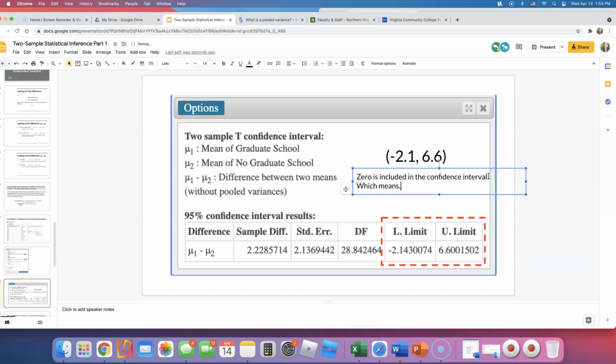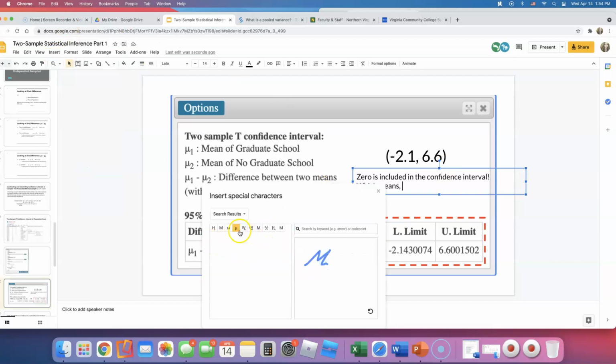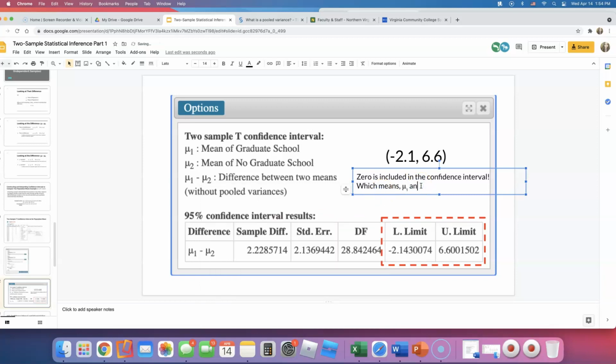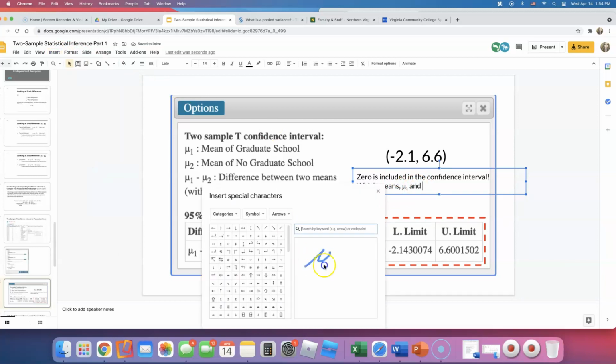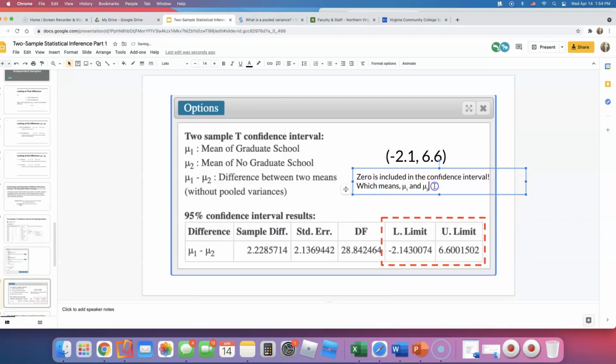Which means at the 95% confidence level, mu sub 1 and mu sub 2 are not different.